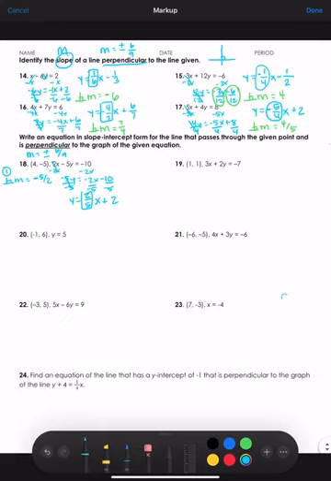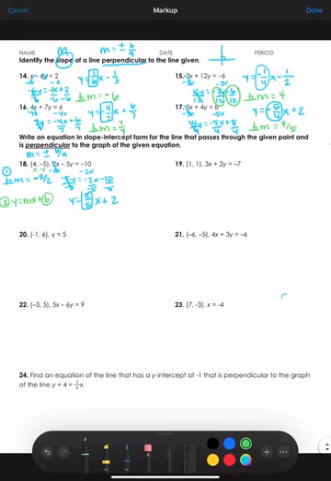So this is step 1, and now I'm going to go to step 2, which is finding the y-intercept. Using y equals mx plus b, I'm going to solve for b. To solve for b, I'm going to plug in this point x, y, and I'm going to plug in my slope.